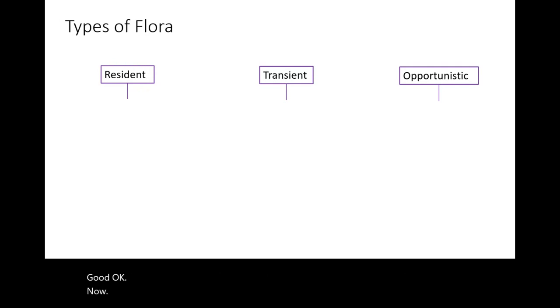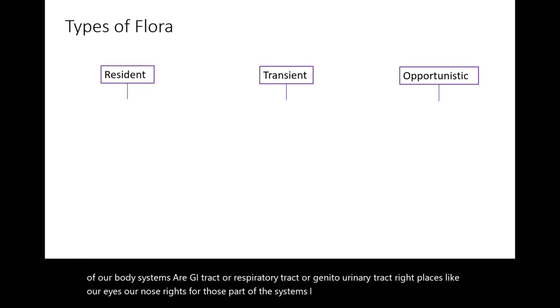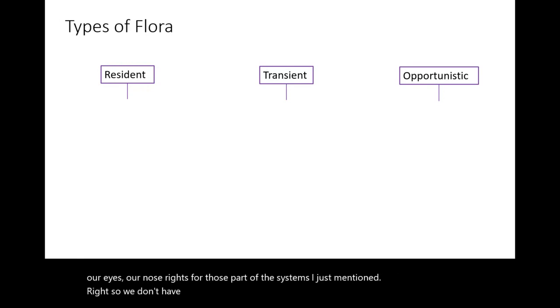Now, as time goes on, in a normal child and adult, we have normal microbiota present in a lot of our body systems, our GI tract, our respiratory tract, our genitourinary tract, places like our eyes, our nose, right, so those are part of the systems I just mentioned, so we don't have organisms everywhere inside the body.